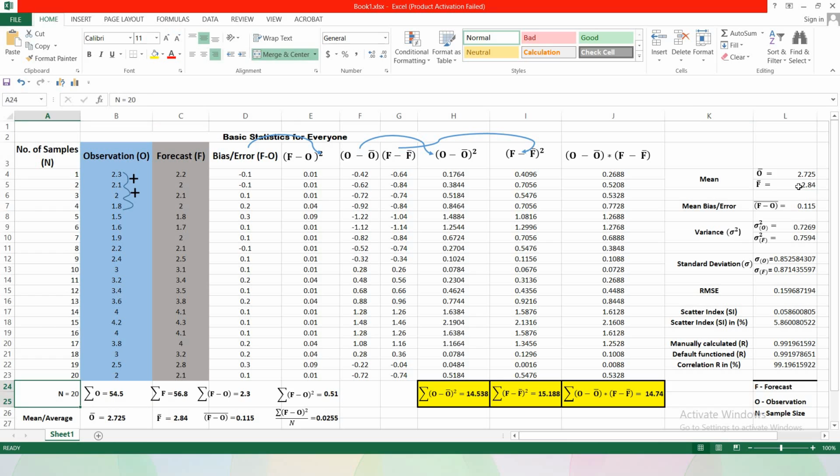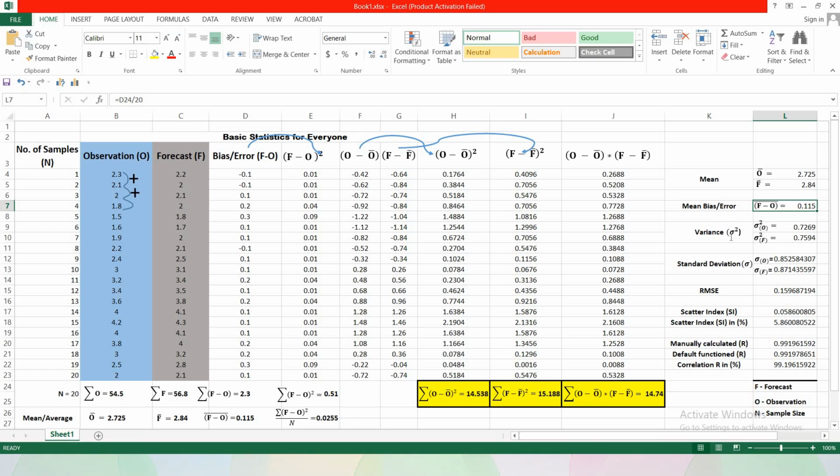That is C24, sigma f equal to 56.8 divided by 20, so f bar equals 2.84. Similarly, for the mean or average error, the summation of the differences between forecast and observation is 2.3. When I divide this 2.3 by 20, I get the mean or average bias or error, right?